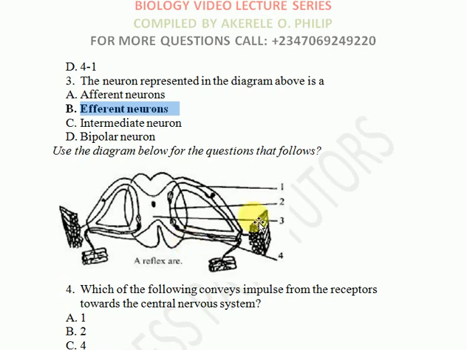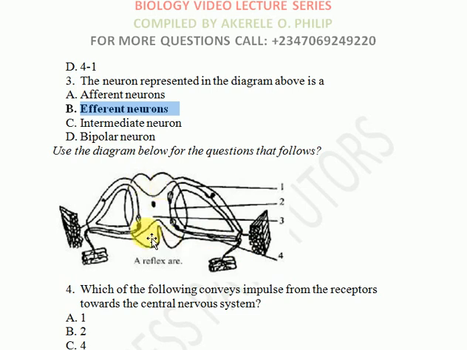Let me label what is here to start with. 1 is the sensory or afferent neuron. 2 is the relay neuron, otherwise called intermediate neuron. 3 is gray matter. 4 is motor or efferent neuron. This part here is white matter.